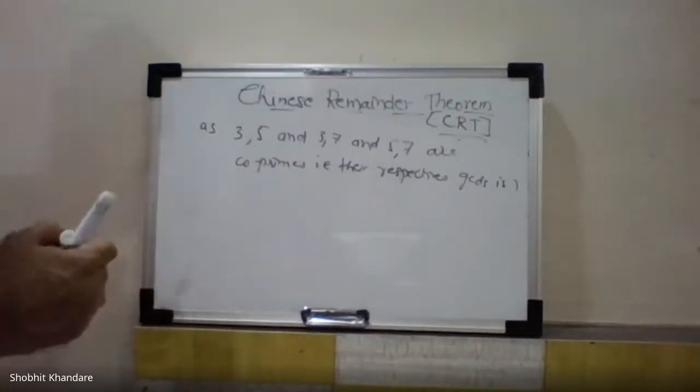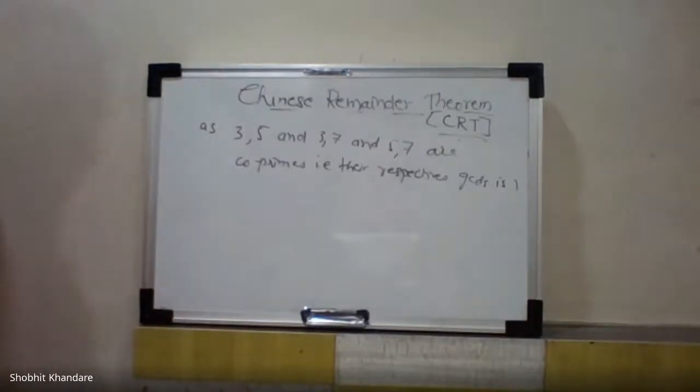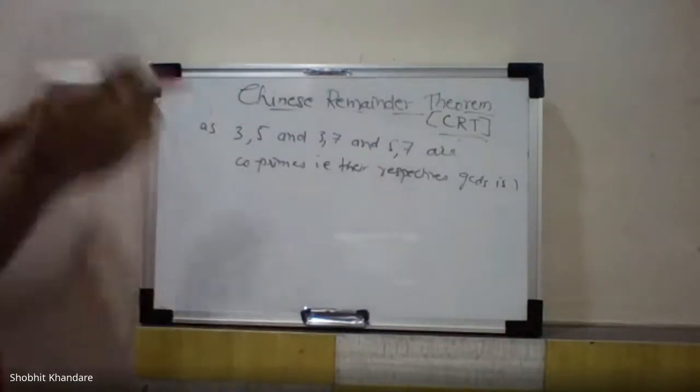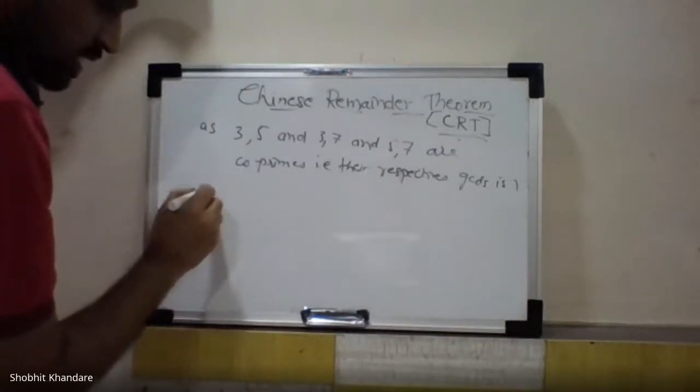Now see, how do you solve this? Pay attention, this is important. Once you should be able to understand how to go through this. Now I want the value of x.